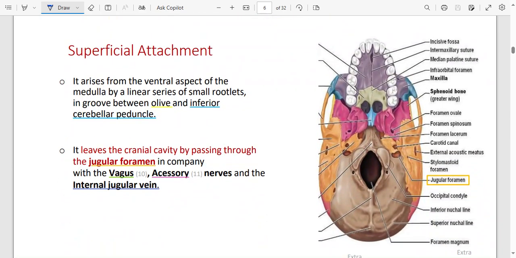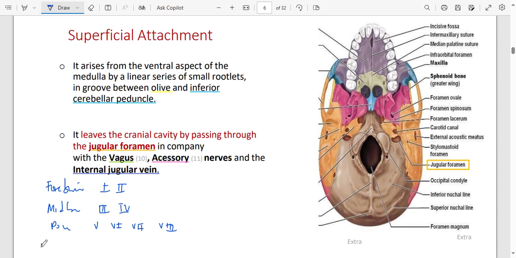So when you look at where this nerve attaches, it is going to arise. Remember, you have got the forebrain. So from the forebrain, you have got cranial nerve number 1 and number 2. And then you have got the midbrain, number 3 and number 4. And then you have got the pons, number 5, 6, 7, 8.